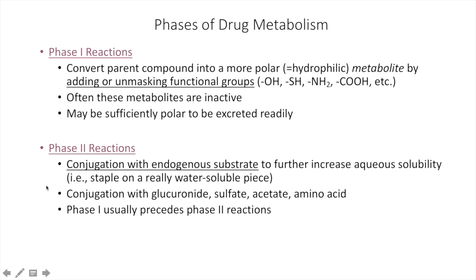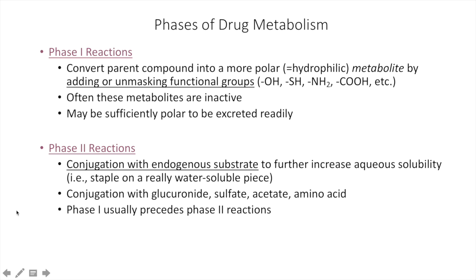That's called a prodrug. At any rate, phase 1 is going to give us these often oxidized compounds, and that might be enough to get them polar enough to go into the bloodstream easily. However, if that's not enough, then we'll engage phase 2 reactions. So phase 2 is conjugation with an endogenous substrate to further increase aqueous stability.